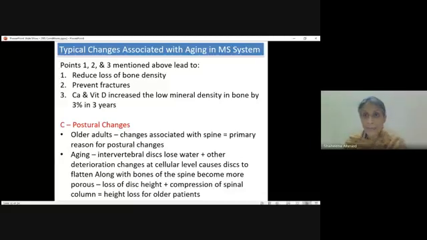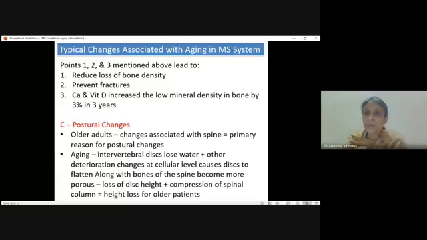Also, with time, there is compression over the vertebrae. So, due to the flattening of the intervertebral discs, due to the loss of water, due to the pressure of the vertebral bodies, the height of the vertebral column decreases, and that shows in the height of the person.